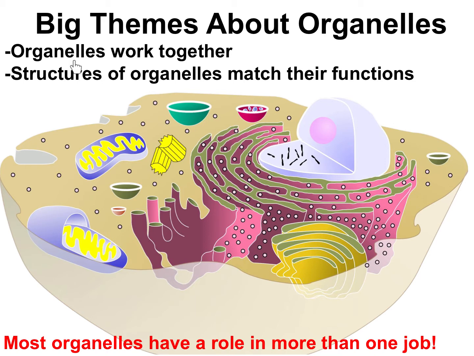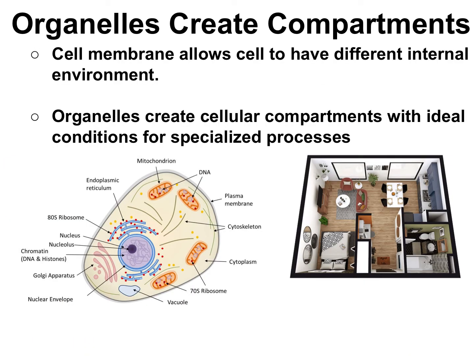First, organelles interact with each other to accomplish common goals in complex processes. Organelles work together. Second, organelles are specialized so that the structure of the organelle matches up with the specialized function of the organelle. Another thing is that organelles allow compartmentalization of cells, much like your home has different rooms inside.